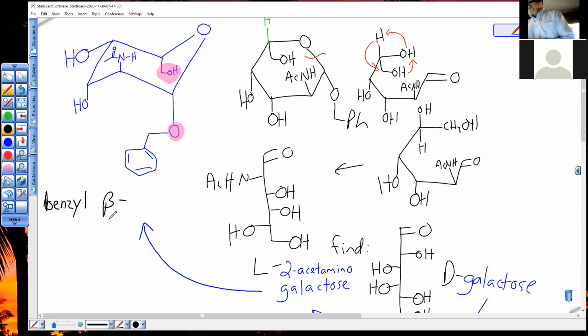Benzyl, beta, L-2-acetamino galactopyranoside.